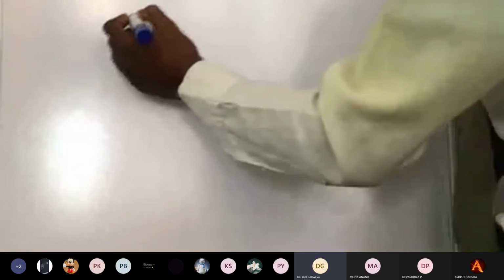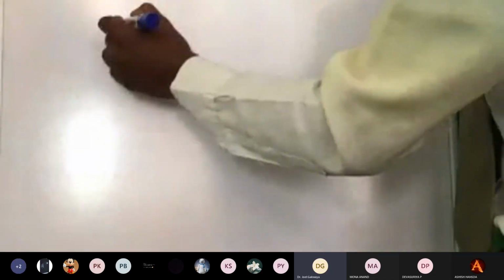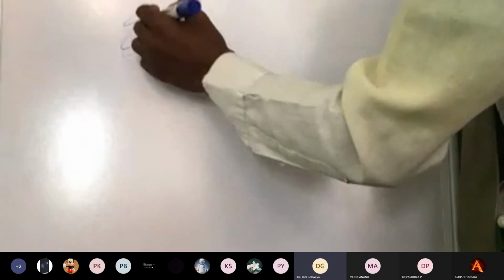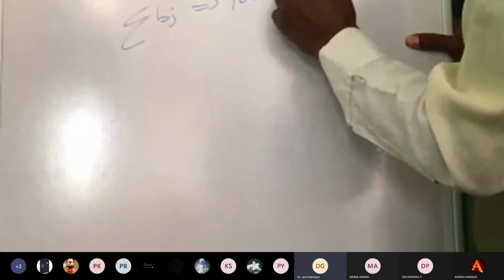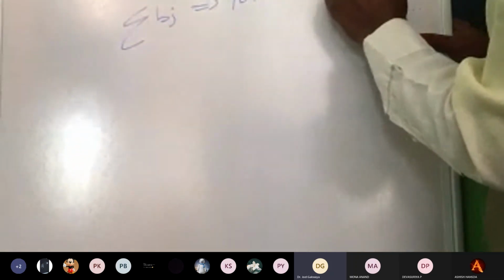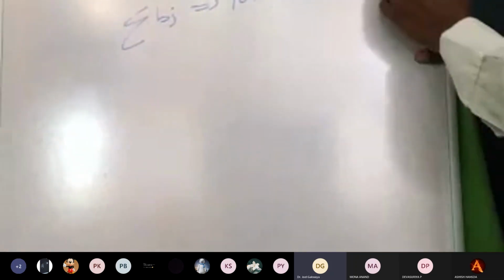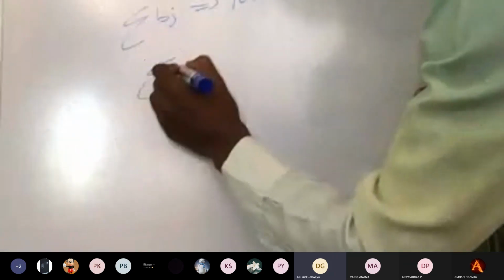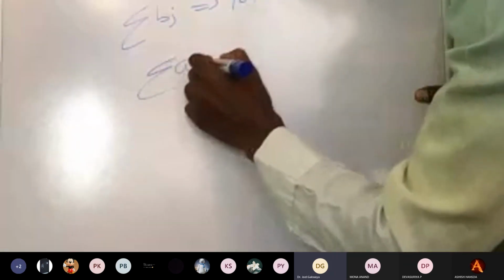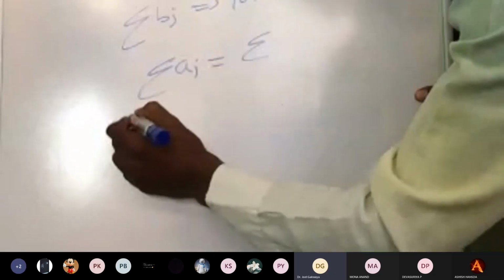This is the total source cost, or the total amount which we need for the source, and the summation of bj, this is the total amount of reaching the destination. So when the total amount of source is equal to the, this is supply.